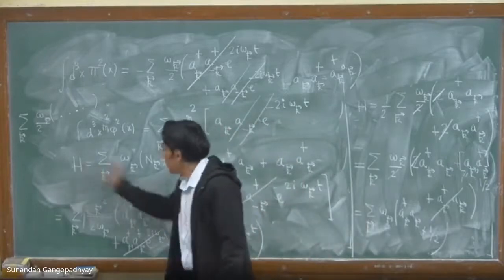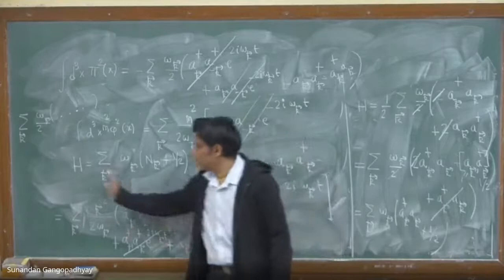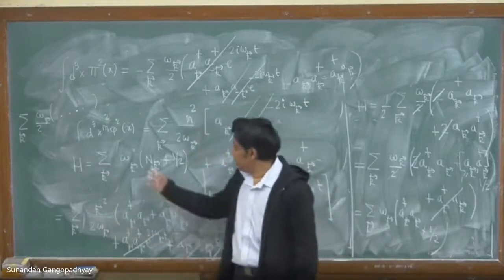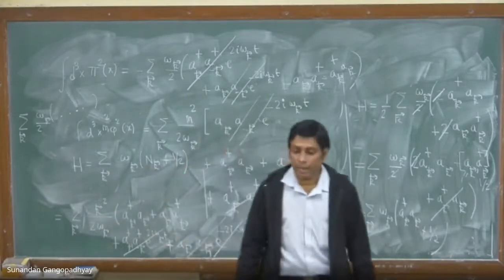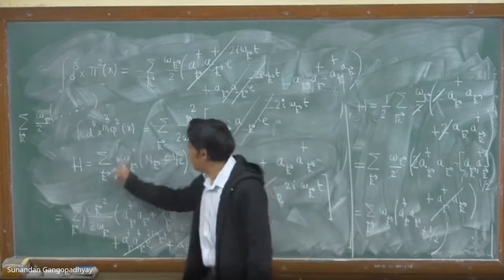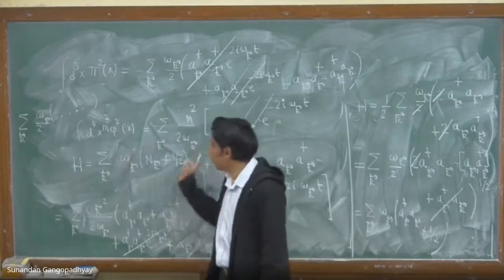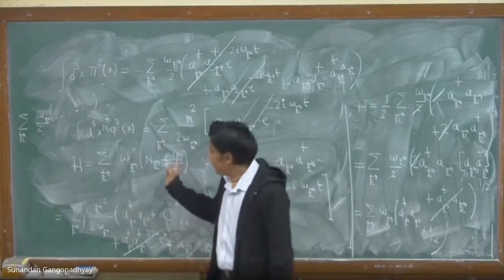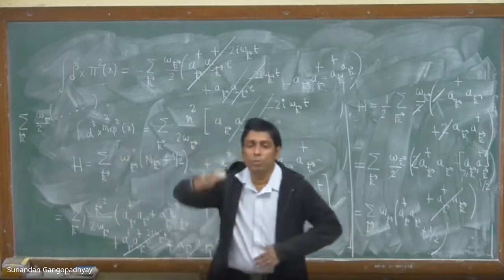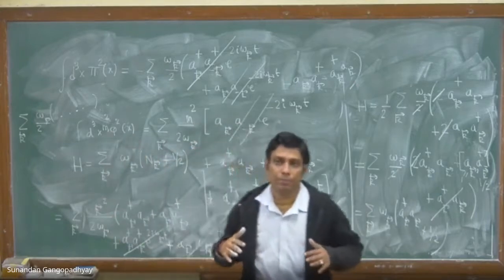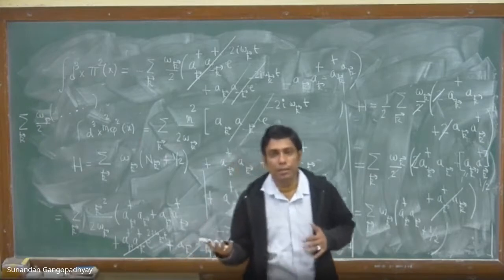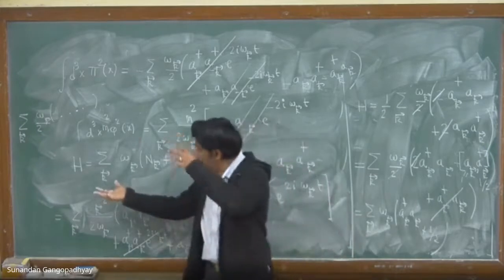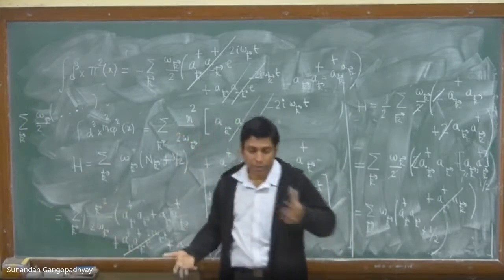So you can interpret this result in the following way. You see that for each momentum you have a contribution like this, and then you are summing over all possible discrete momenta that are possible. The corresponding result in the other case is also very similar.